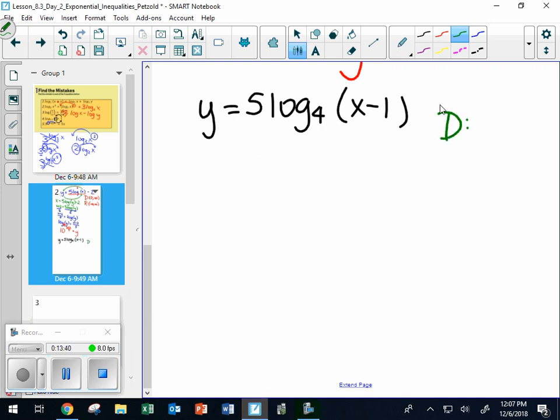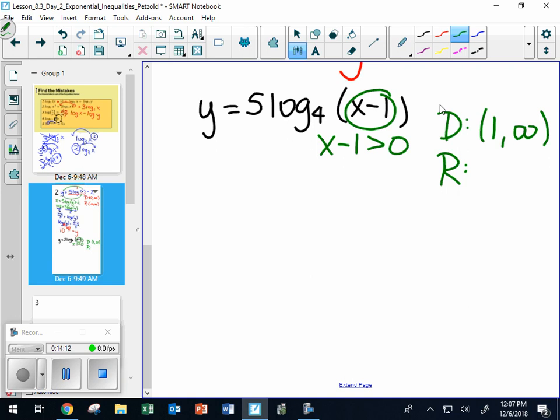What do you think the domain is? 1 to infinity. How did you get the 1? Because I knew that inside the log there can't equal 0, and if you put a 1 in there, then I knew 0. So this right here has to be greater than 0. So if you just solve that inequality, you got 1, and then it goes to infinity. Thank you. Would you like to call on someone to give us the range?